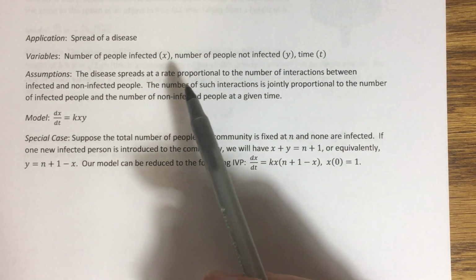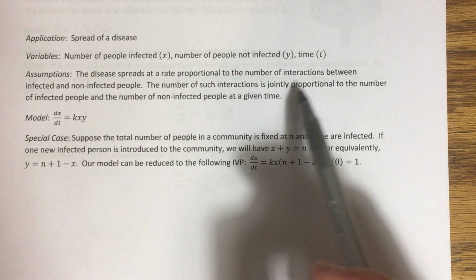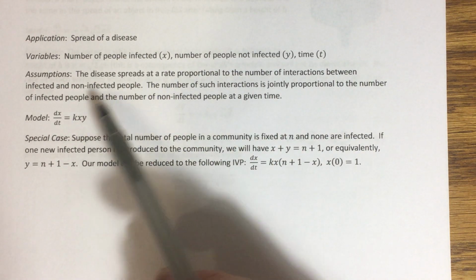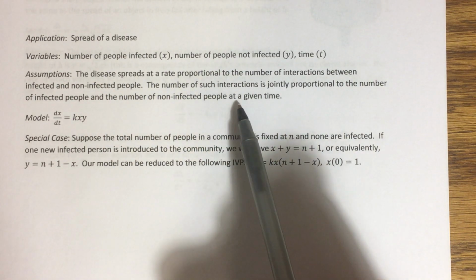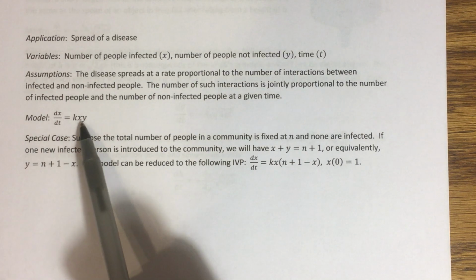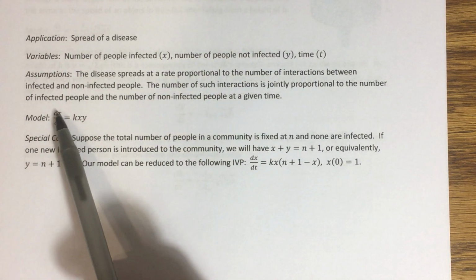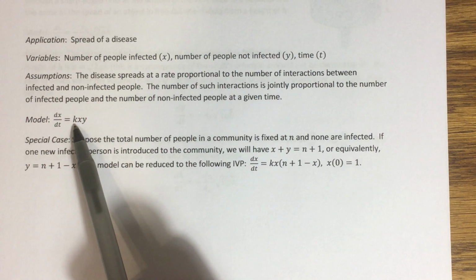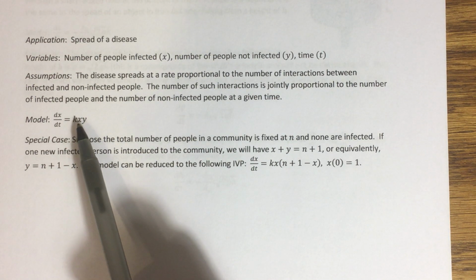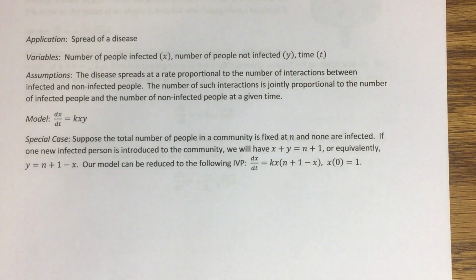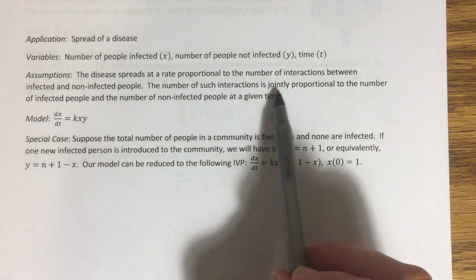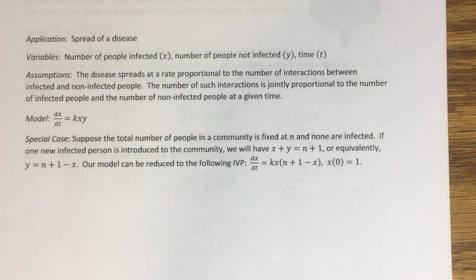In addition to that, we're going to say that the number of such interactions is jointly proportional to the number of infected people and the number of non-infected people at a given time. What that means is that our model will look like this. dx/dt, the rate of change in infected people, is equal to some constant k times the product of x and y. That's what it means for these variables to be jointly proportional to that rate of change.